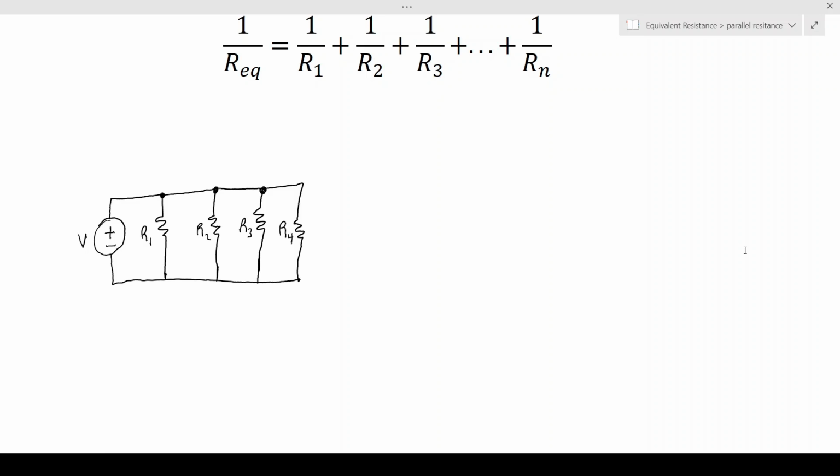And we know that we can simplify this circuit by getting the equivalent resistance of the 4 resistors in parallel. So we know 1 over Req, the equivalent resistance, is equal to 1 over R1 plus 1 over R2 plus 1 over R3 plus 1 over R4.